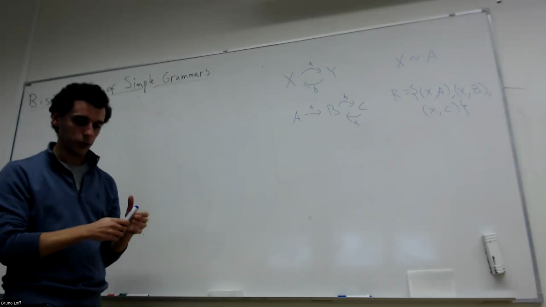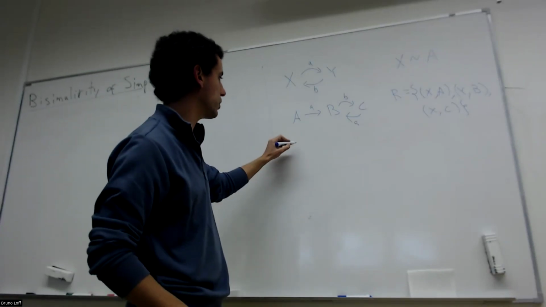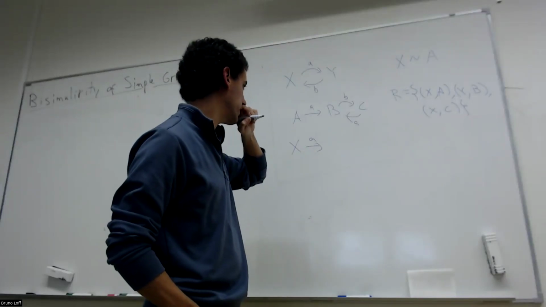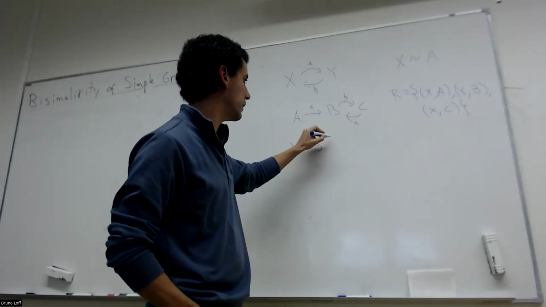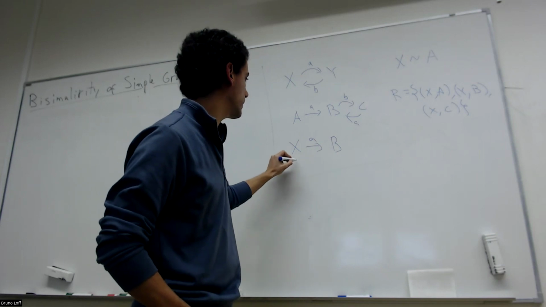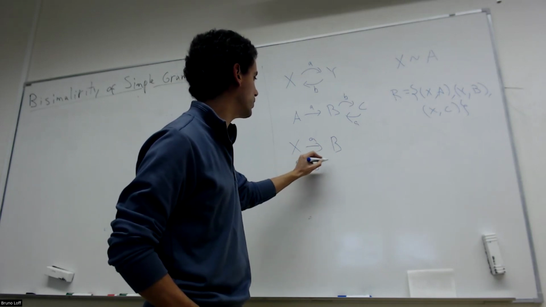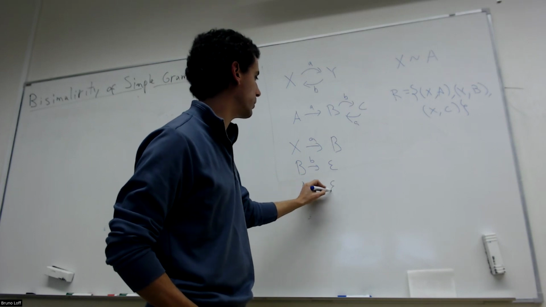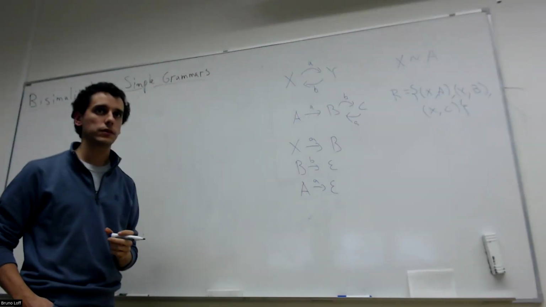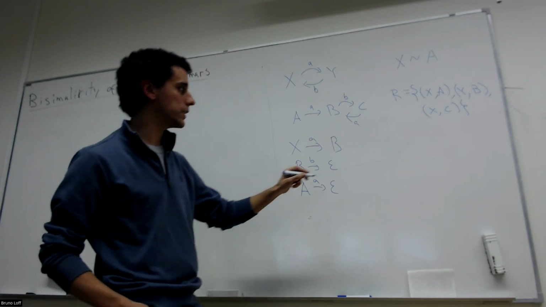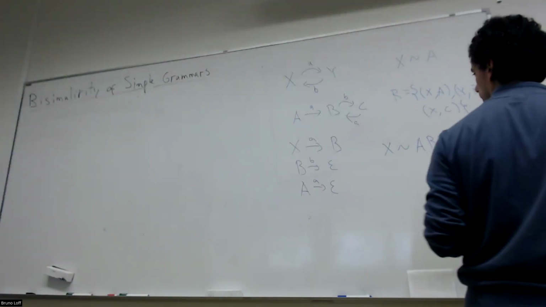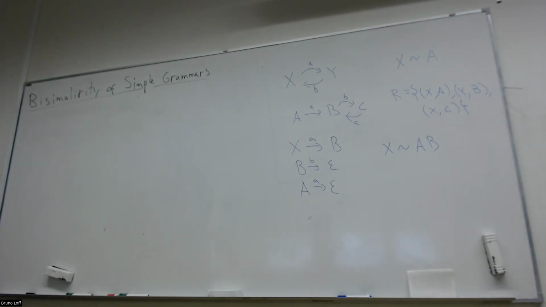Yeah, okay. So for example, you can have x with a transition by a to b, b has a transition to the empty word, and a has a transition to the empty word. So in this case, x will be bisimilar to AB.